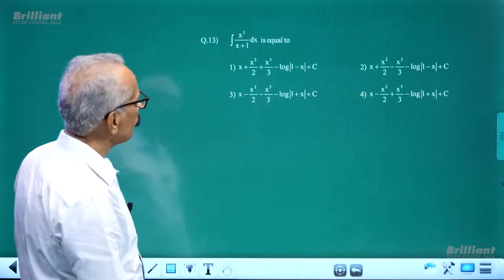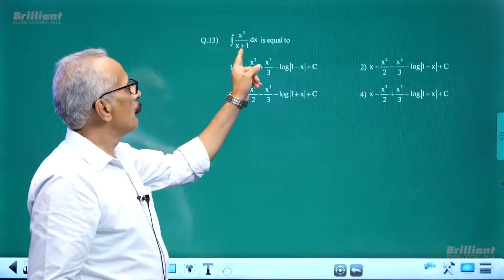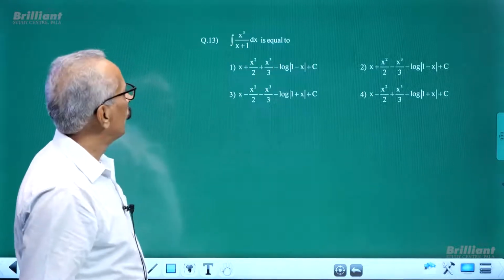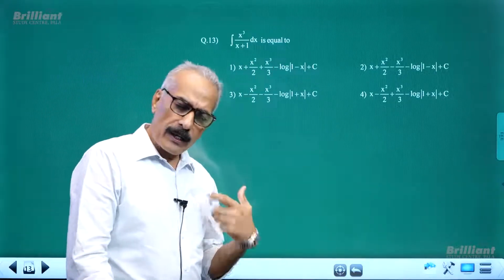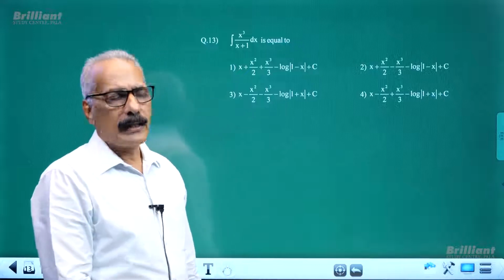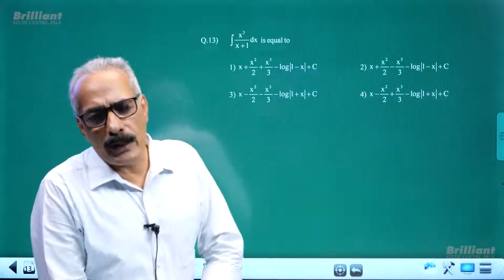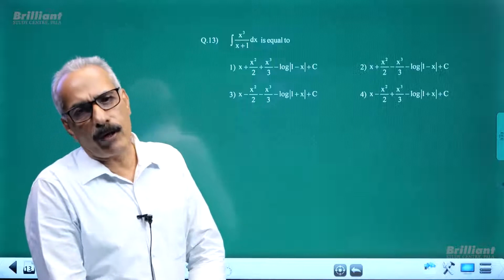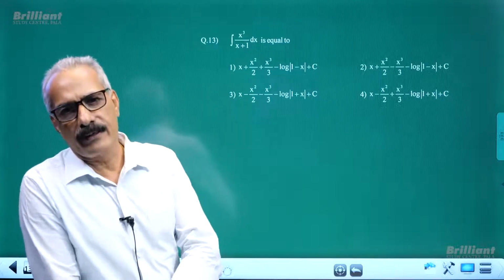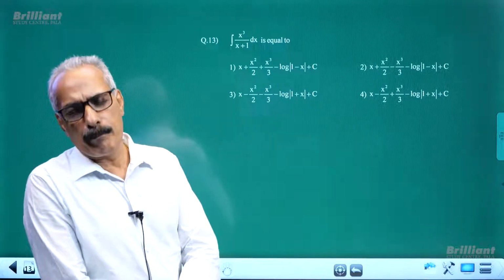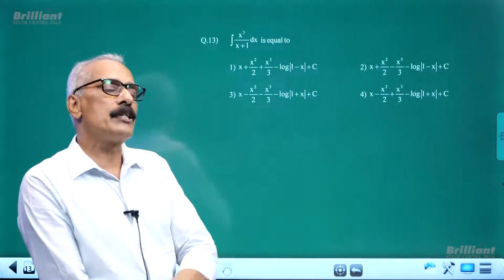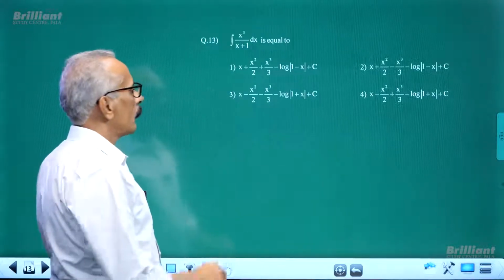Integral x cube by x plus 1 is equal to, this is called a rational function. And the degree of the numerator is more than or equal to the degree of the denominator. What's the method? Divide. So I call it an improper rational function. How do we divide?